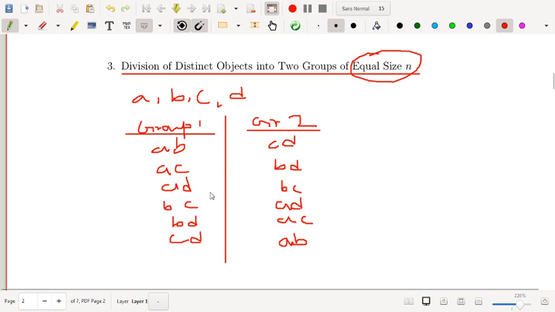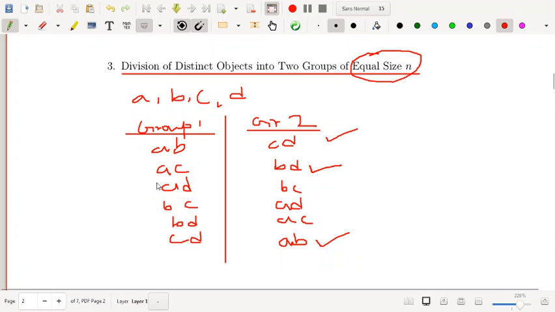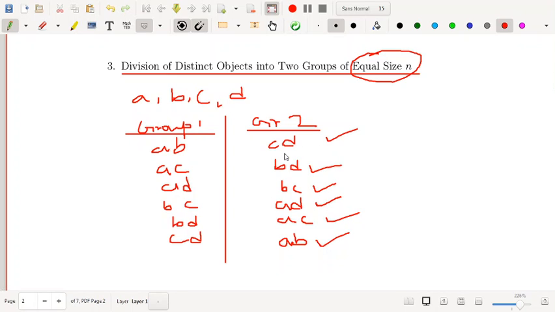But look at that, this one and the last one are the same division. Again, ACBD and this one are the same division, and this one and this one are the same division. So these are the same division.